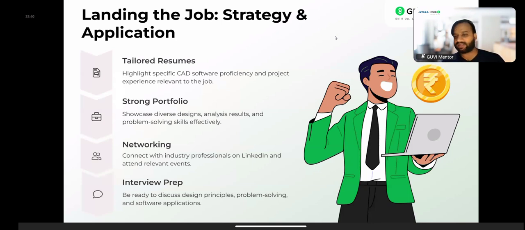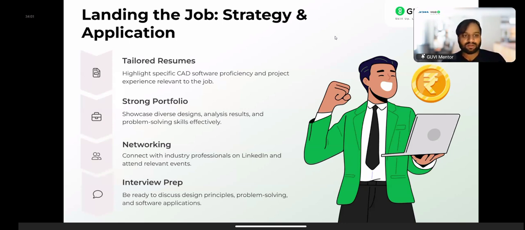Tailor resume means you optimize your resume according to ATS. When you build your resume, you need to focus on keywords also, because whenever you pass on the resume, some recruiters give it to ATS, and within seconds it will track.